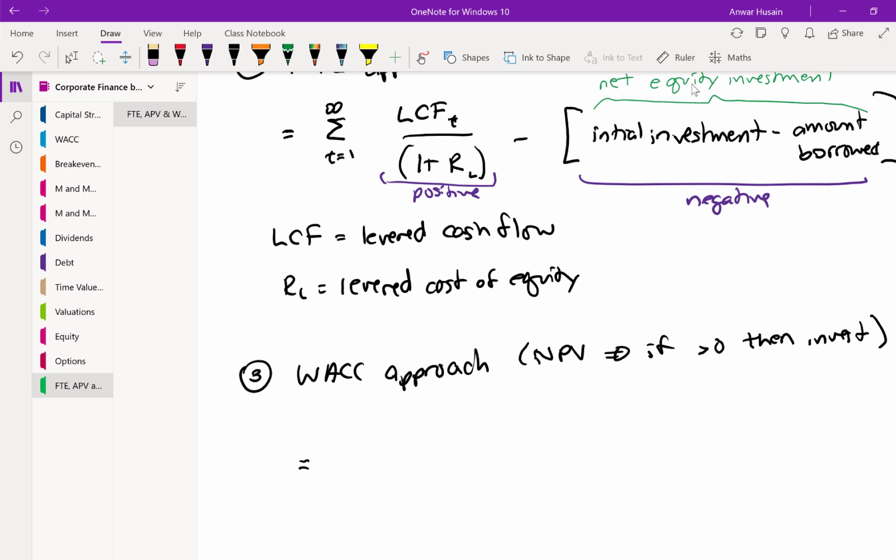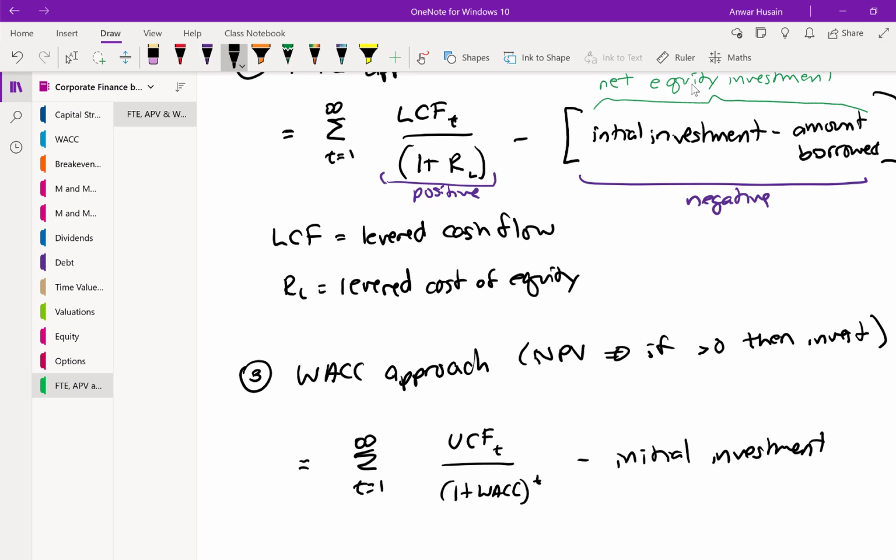It is the sum over the life of the project. You take the unlevered cash flow at time t divided by (1 + the weighted average cost of capital), so not the cost of equity any longer, minus the initial investment. Again, this is going to be positive, and this is going to be negative.